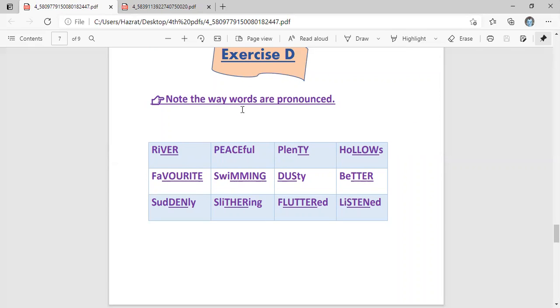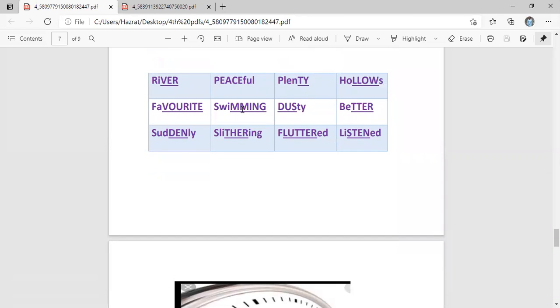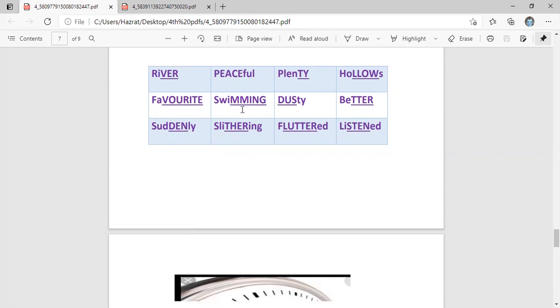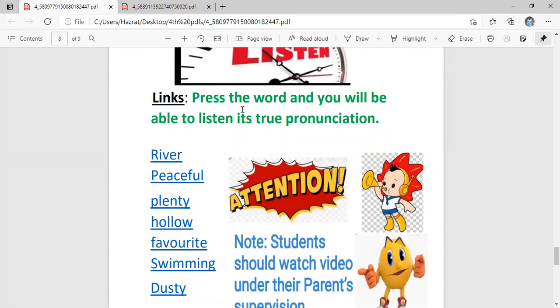And these are your stressed words: river, peaceful, plenty, hollows, favorite, swimming, dusty, better, suddenly, slithering, flutter, listened. So these are the things, boys, and if you have any question in these things, you can ask me.